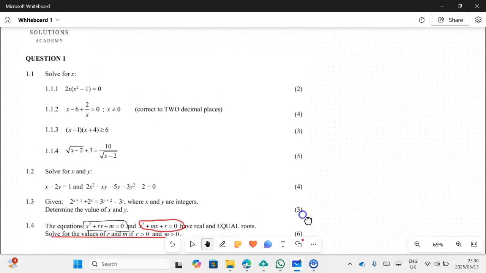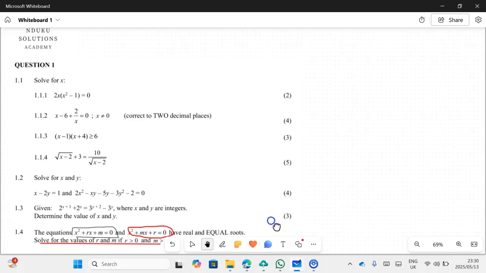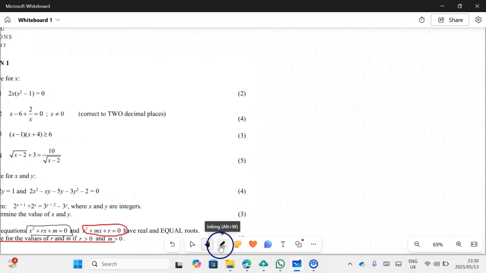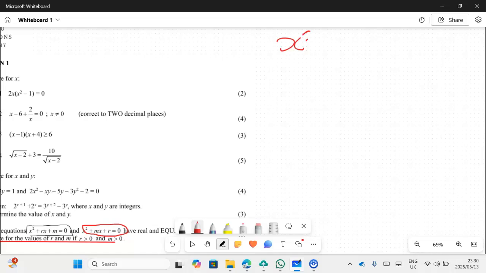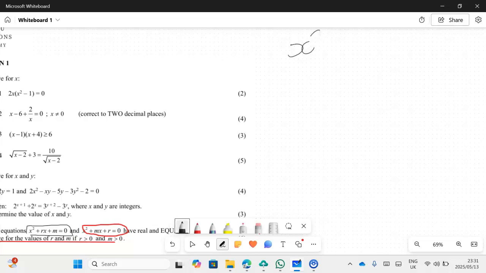So let's start with the equations. Let's start with the first equation. I'm just gonna copy down the first equation. The first equation says we have our x squared plus rx plus m equals 0.